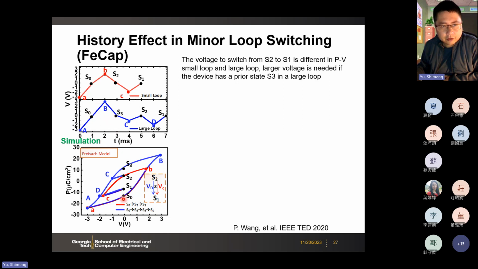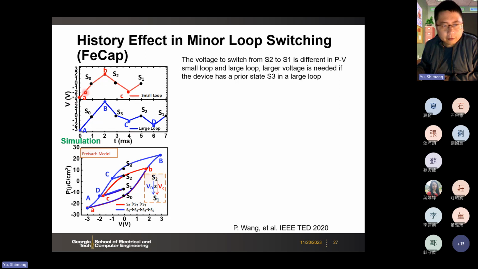For example, we have a larger loop, which is the blue curve. Here we start with the ground state, S0, then we press up to here and come back to S3. And then we can switch back from S3 to S2, and then from S2 to S1. So the device will follow the blue trajectory.